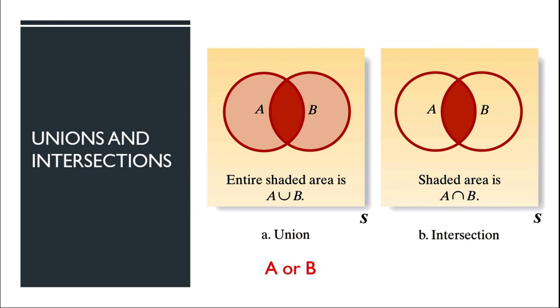So, a union is useful for working with A or B, whereas the intersection is useful for working with A and B only.